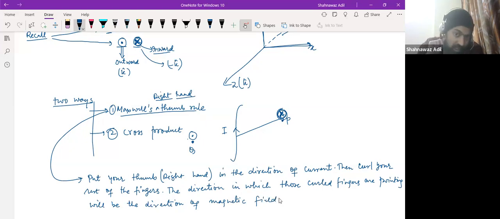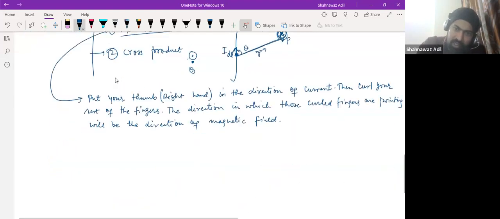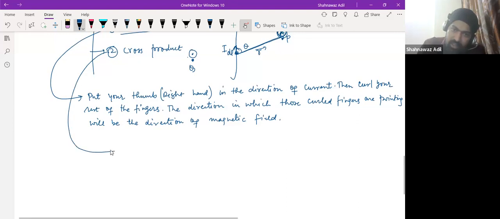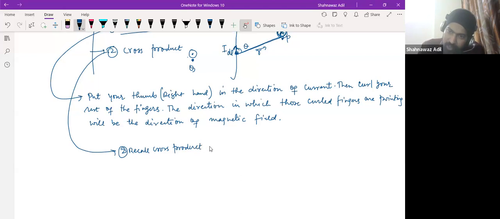This is one thing. And then the idea of cross product. So we have this r, remember, we have this theta and we have this dl, right? So the cross product, what does it say? Recall cross product directions.